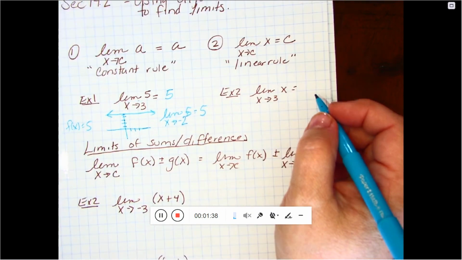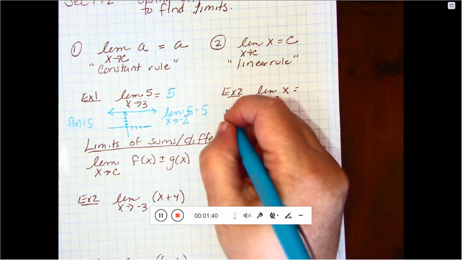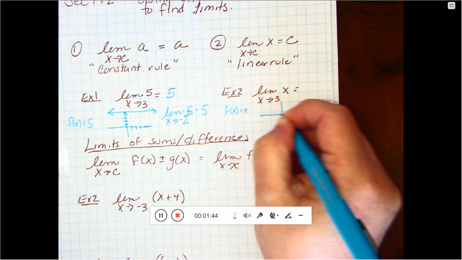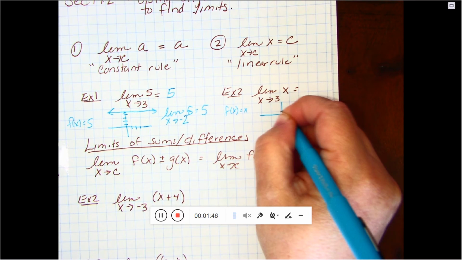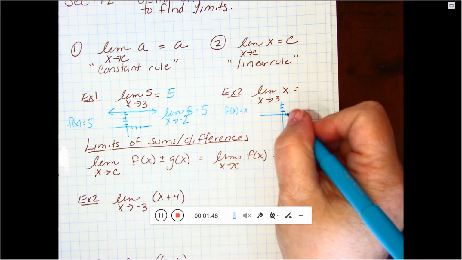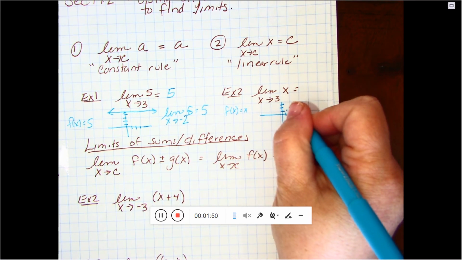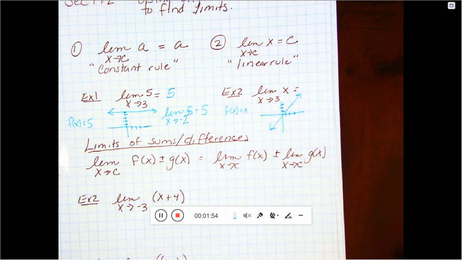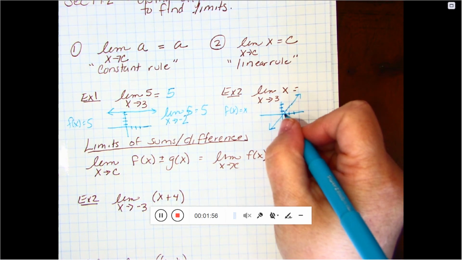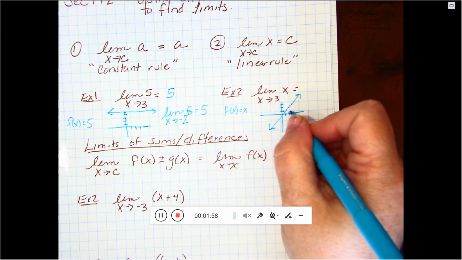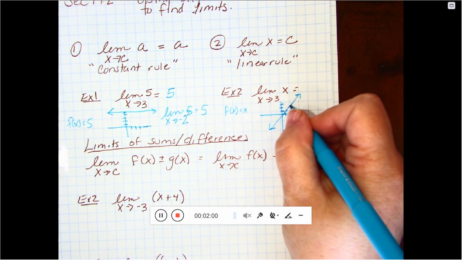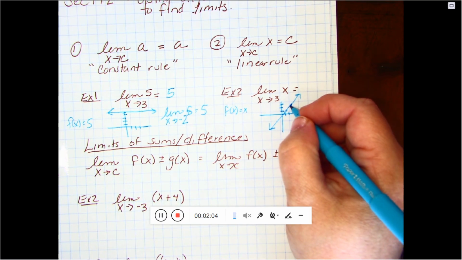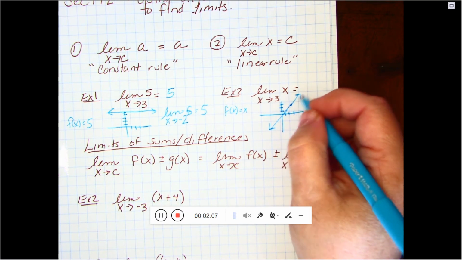Now the linear rule is a little different. This is the function f of x equals x, which we know is our line that goes through 1, 1, 2, 2, 3, 3, so on and so forth. So as x is approaching 3, y is approaching 3 from the left, and from the right, y is approaching 3.